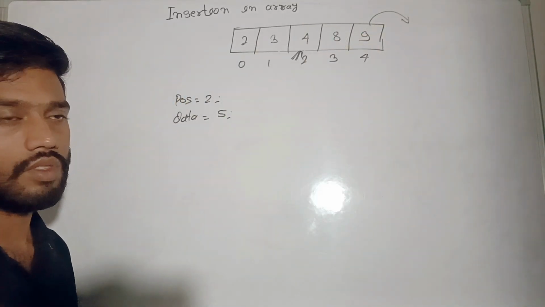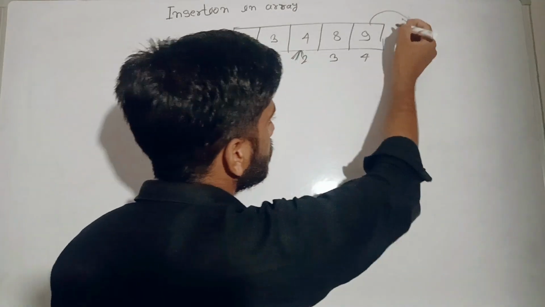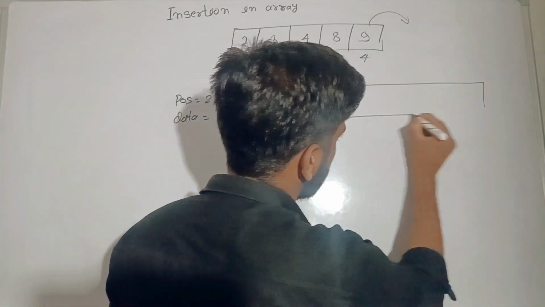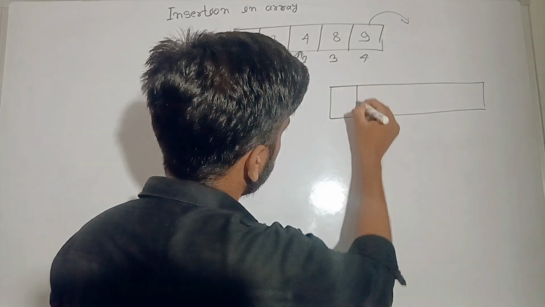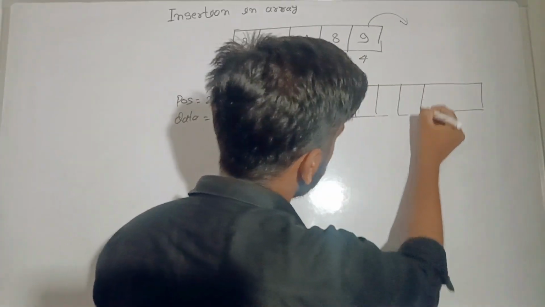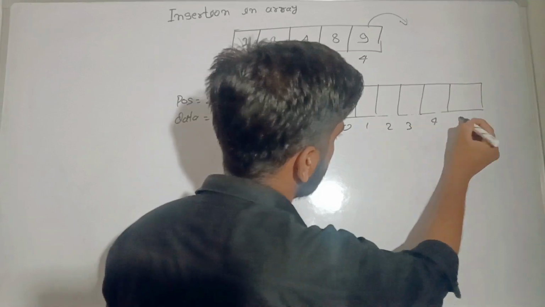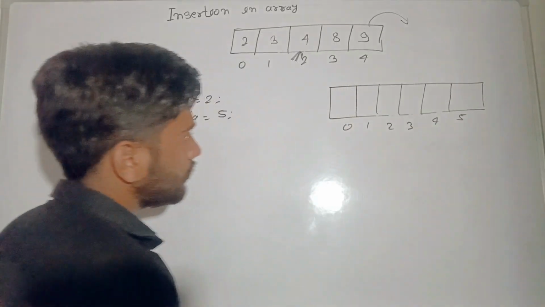Okay, if there is 4 5 1 2 3 4 5, okay, that's fine. The positions are 0 1 2 3 4 5, right?